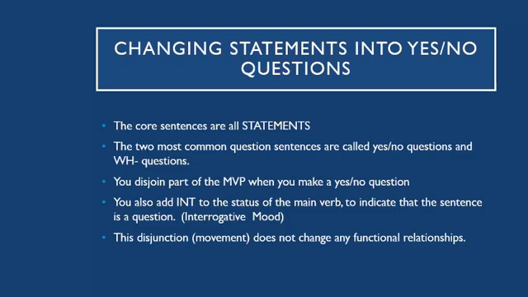So this disjunction or movement does not change any functional relationship. Direct objects are direct objects. Noun phrase subjects are noun phrase subjects. The main verb is the main verb. Adverb phrases are adverb phrases. Nothing changes.